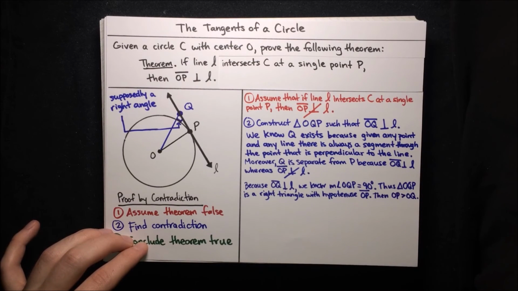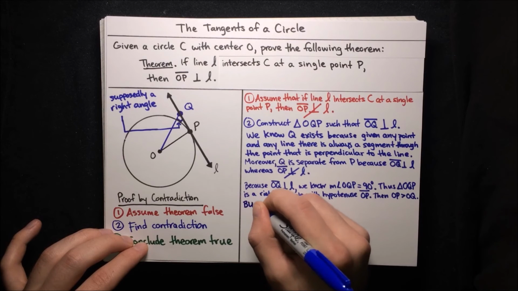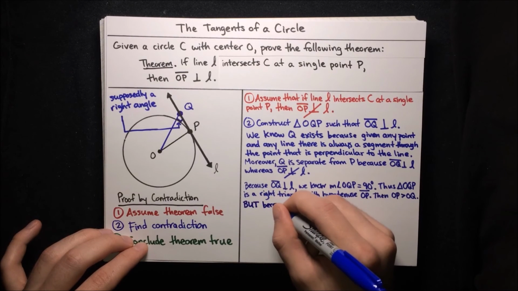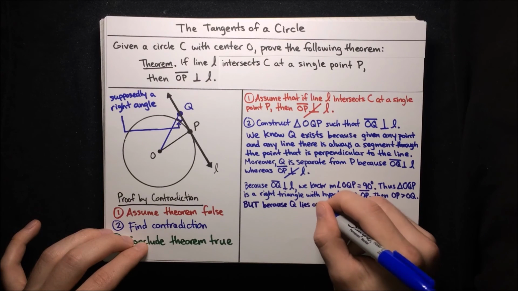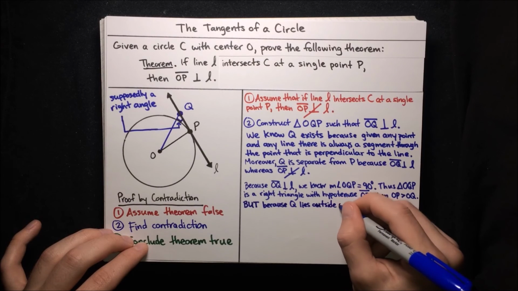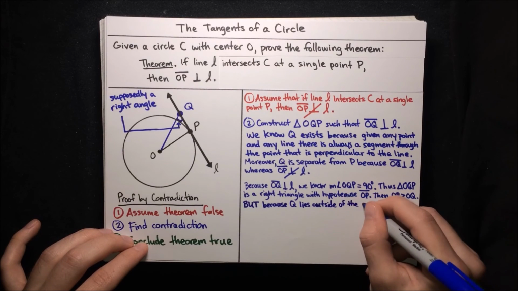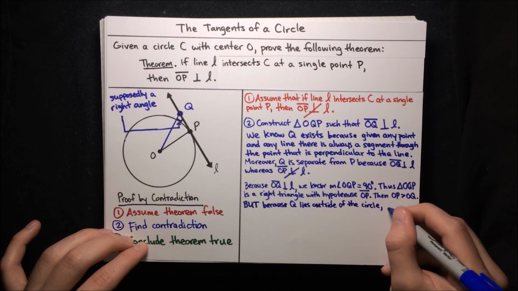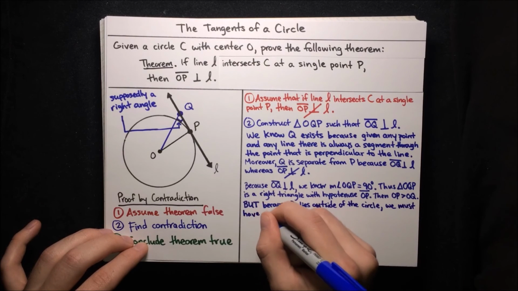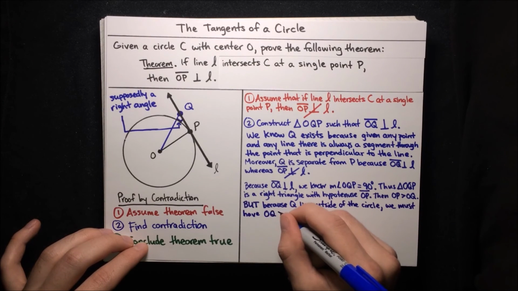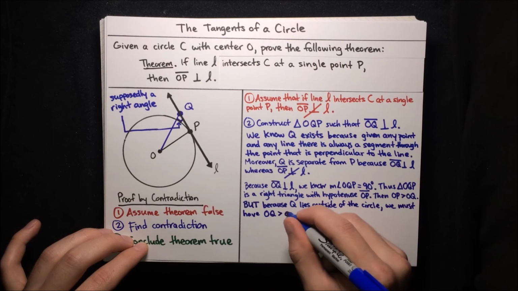But now let's introduce the contradiction. The fact that OQ is actually the longest side because Q is outside of the circle, and therefore OQ is longer than a radius of the circle. So we can say that, but because Q lies outside of the circle, we must have that OQ is longer than a radius of the circle, such as OP.